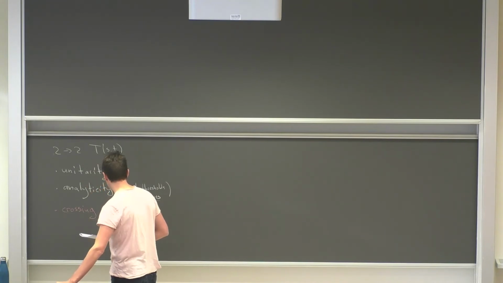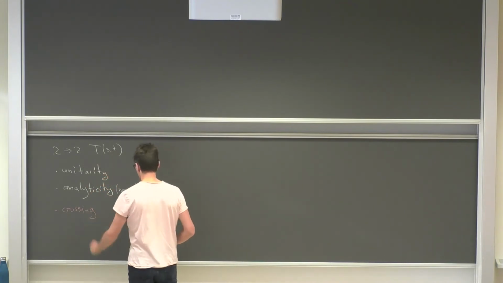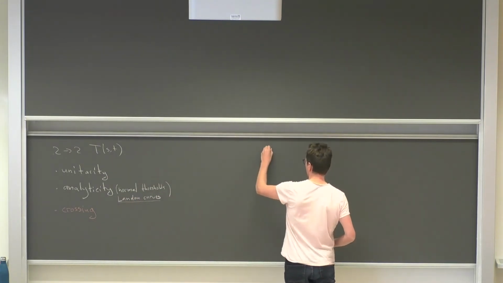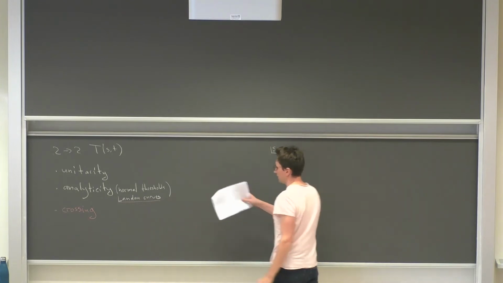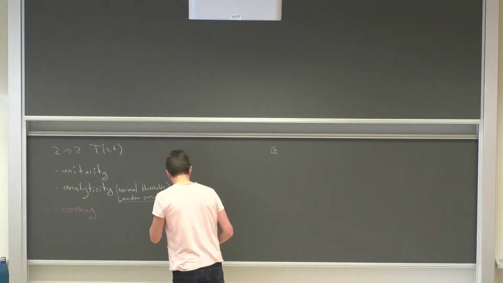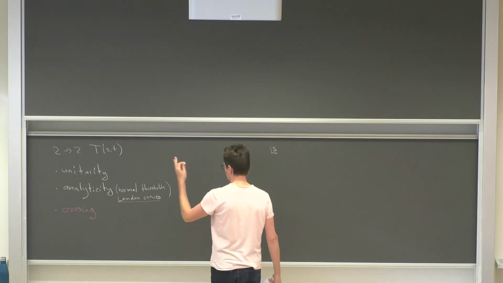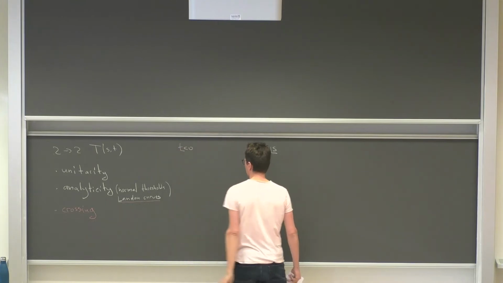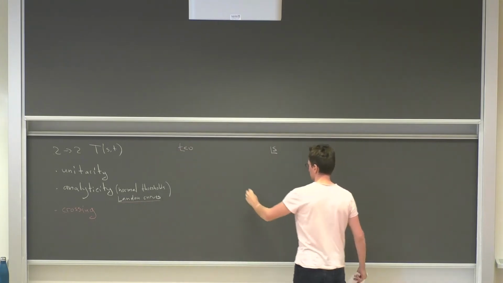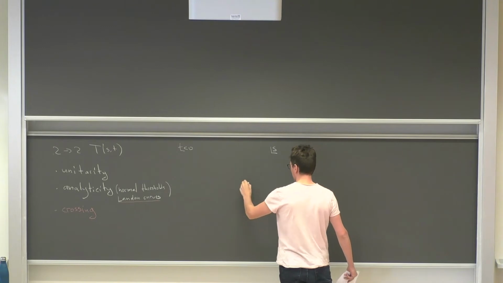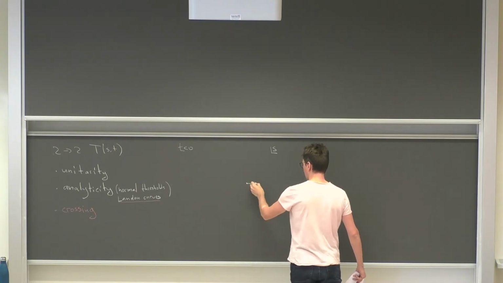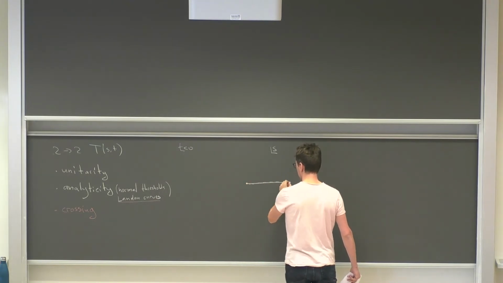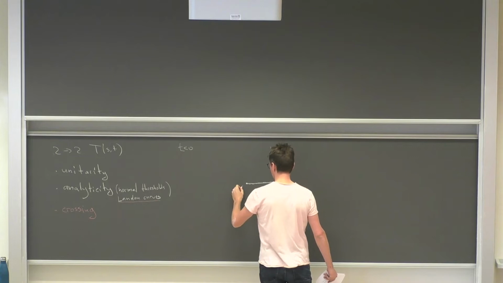Okay, so let's discuss crossing. Remember, if I fix T to be something physical, say T negative, then we already figured, based on unitarity, that we have a cut in the S-plane, which starts at, say, 4m squared.